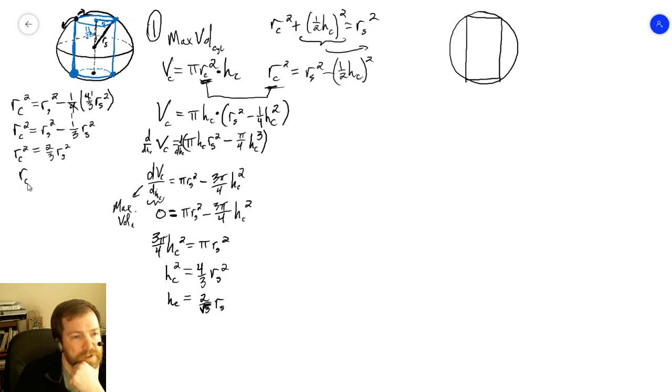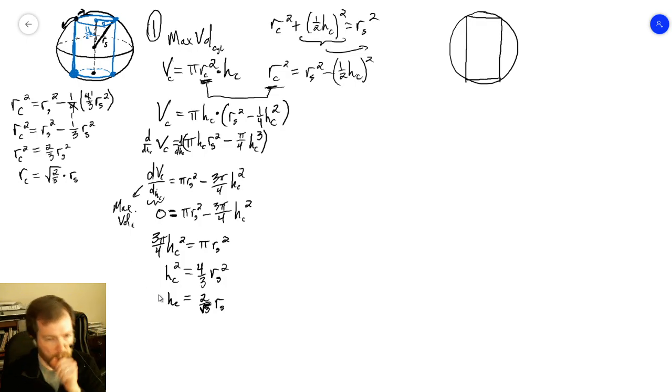Alright, so then the radius of the cylinder is going to be equal to square root of 2/3 times the radius of the sphere. So the height of the cylinder needs to be square root of 4/3 radius of the sphere, or 2 over root 3 times the radius of the sphere.